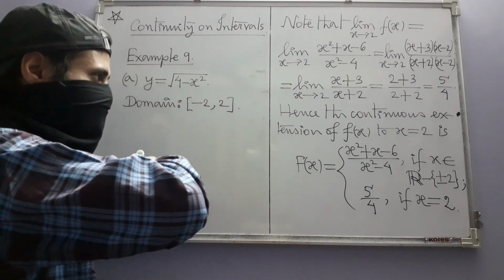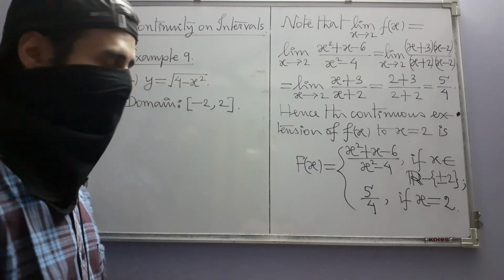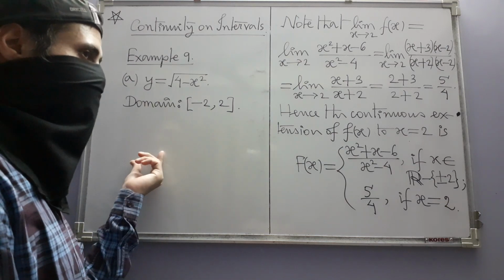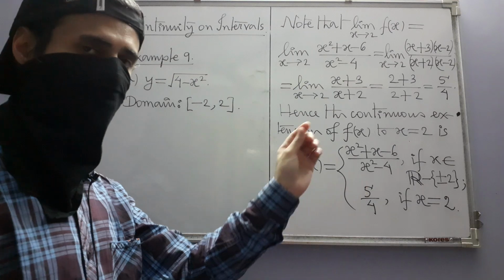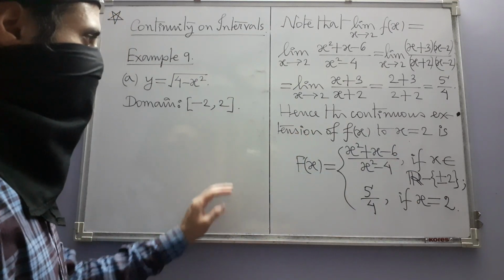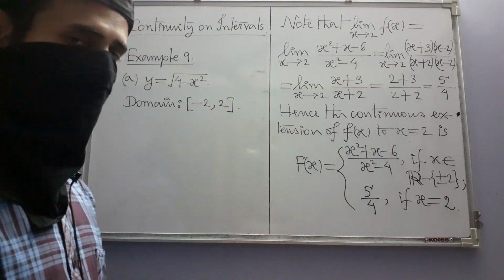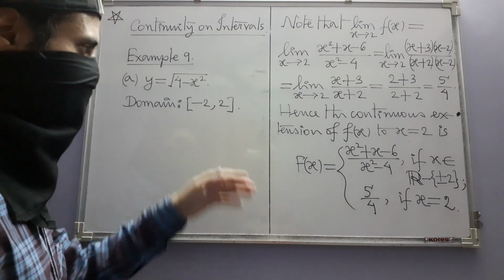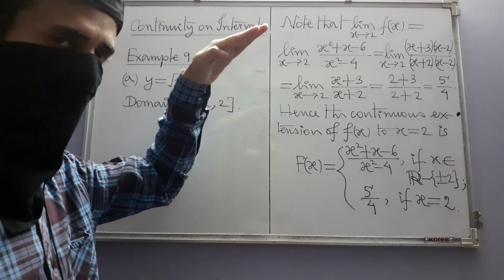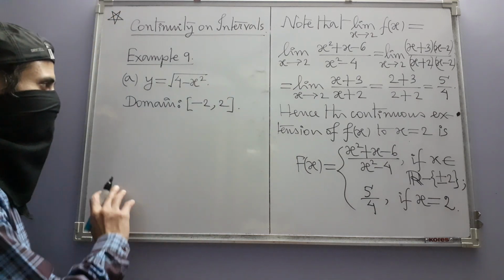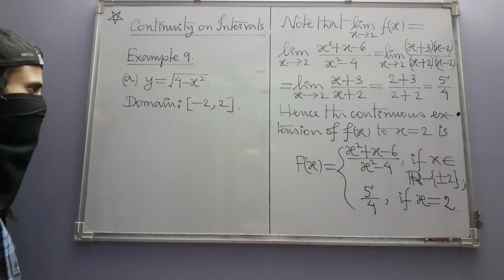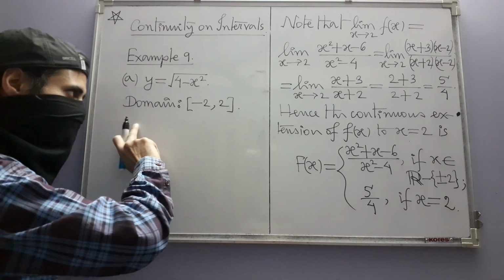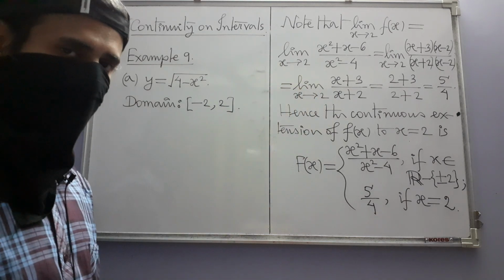It's the semicircle. On one side, it meets the point -2, 0. On the other side, it meets the point 2, 0. In other words, the radius of this semicircle is 2, its center is at the origin, and it lies in the upper half plane. So this function is continuous throughout its domain. At every point it is continuous.